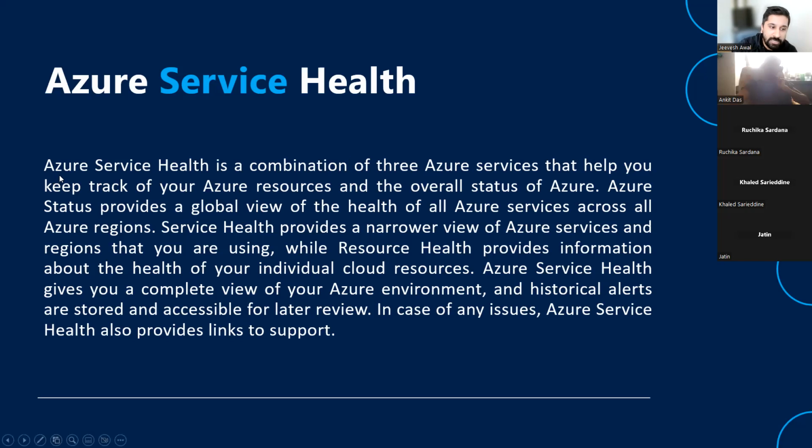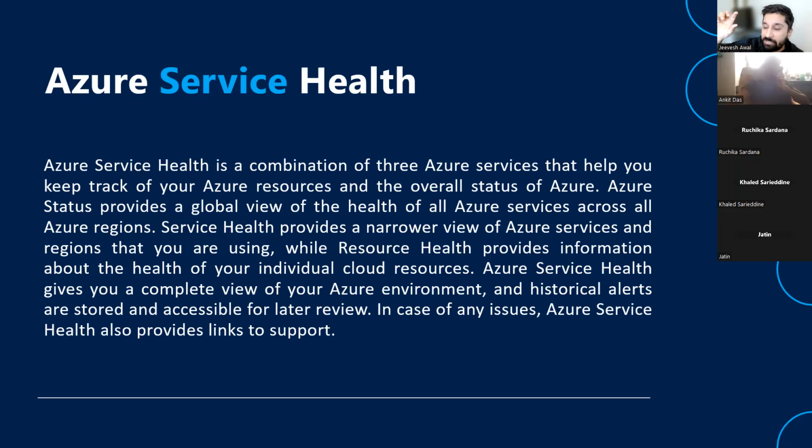Going on with the official definition, it says Azure Service Health is a combination of 3 Azure services that help you keep track of your resources and overall status of Azure. So it is basically a combinational service. What it uses in the background is it provides you a global health of all the services across all the regions. For example, if S3, okay, not S3, I got confused with Azure, AWS.